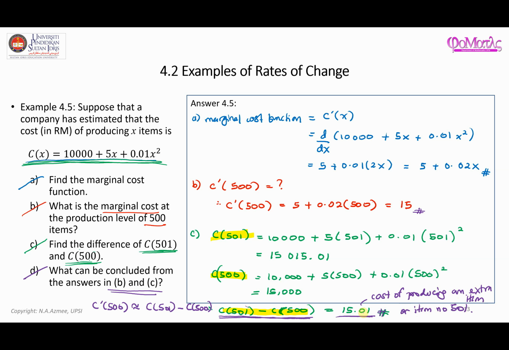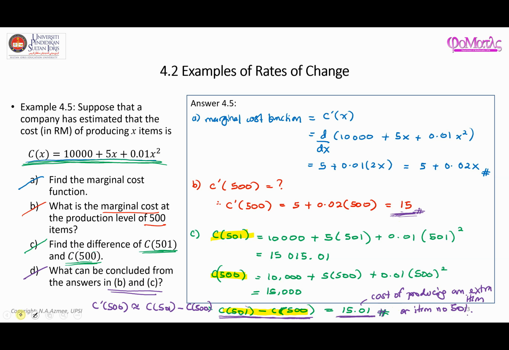So 15.01 here is the cost of producing an extra item from 500 items, or we can say this is the cost of producing item number 501. Okay, and you see that this cost here is approximately similar to the marginal cost at the production level of 500 items given here.